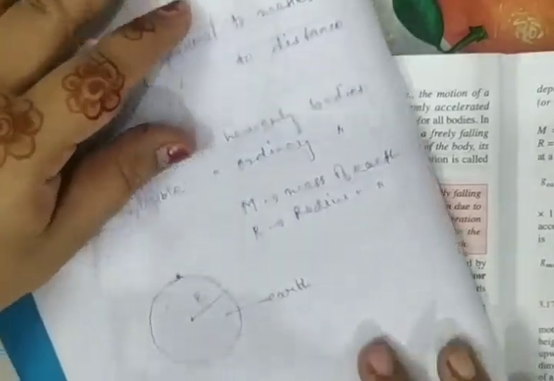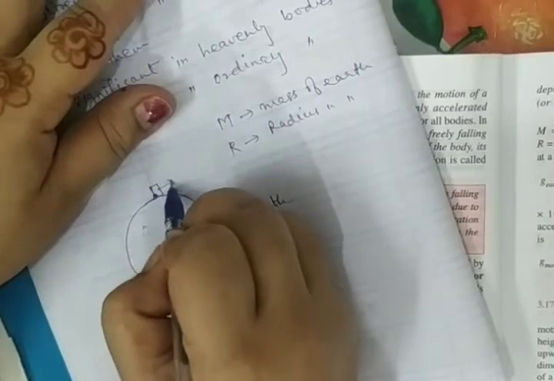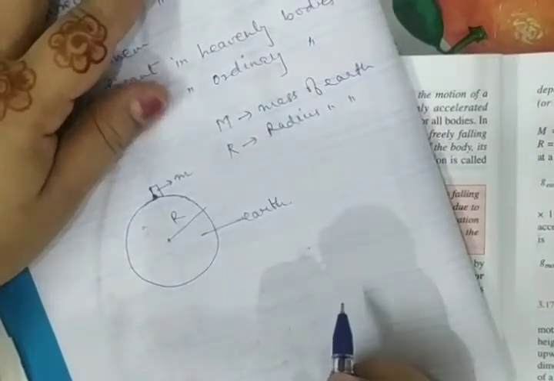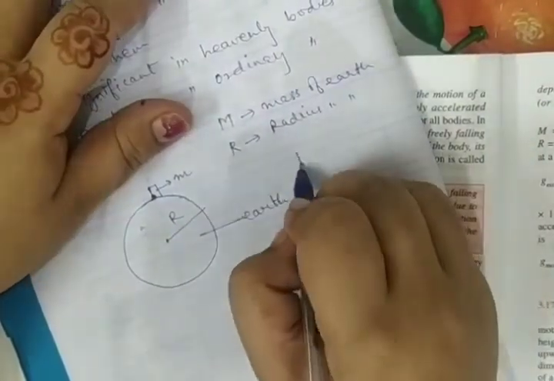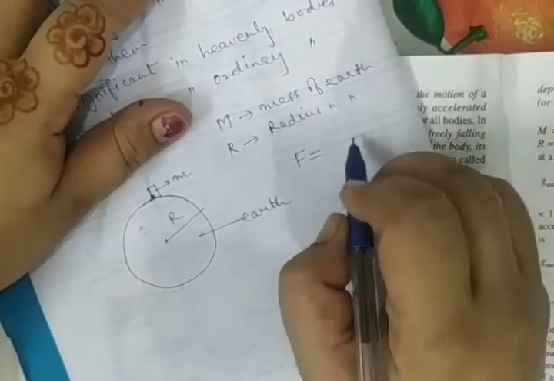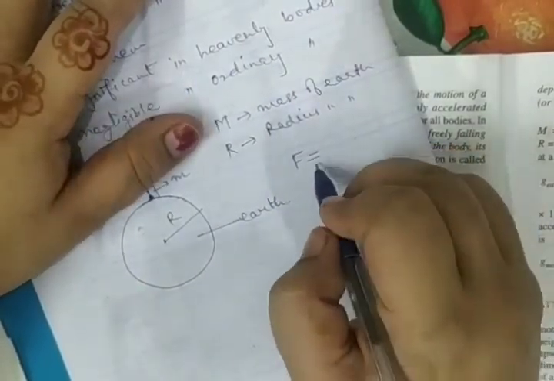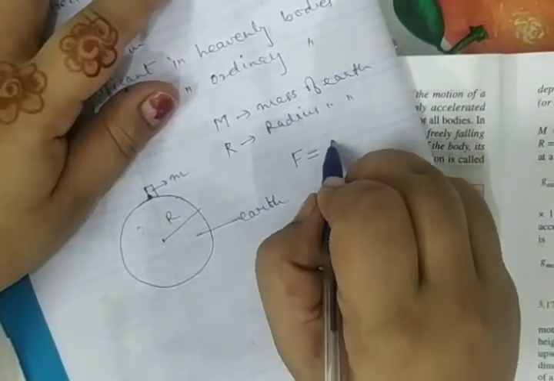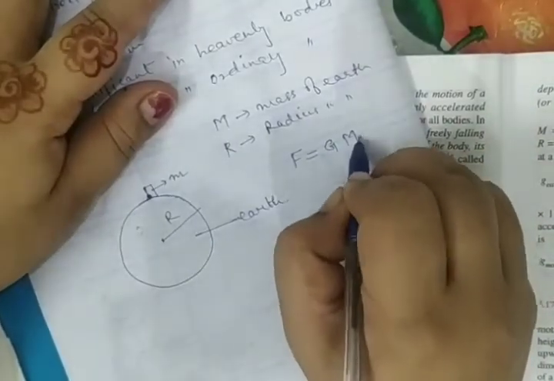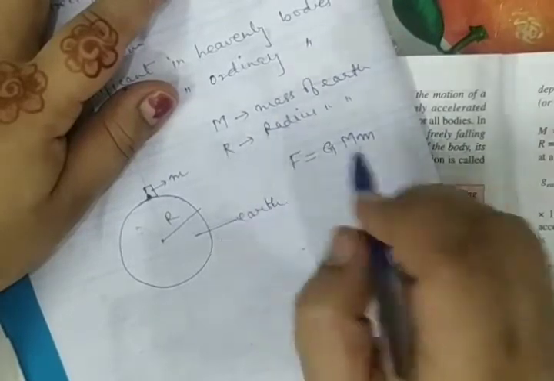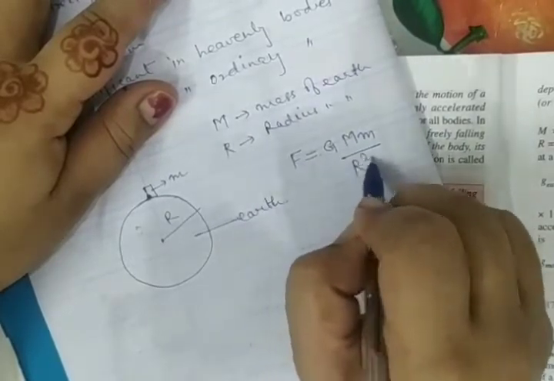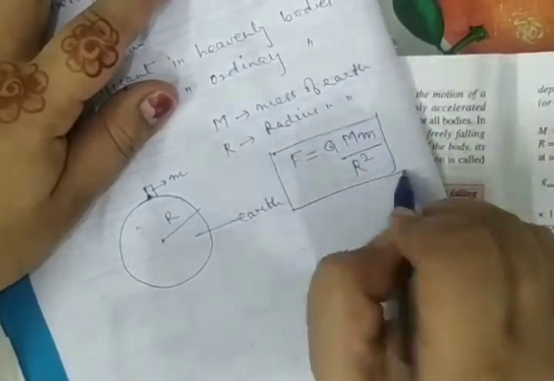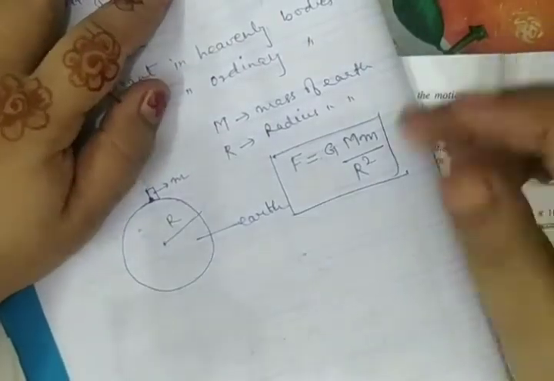Okay, then suppose there is an object of mass small m kept on the Earth, then the force of gravitation between the Earth and the object will be F is equal to G m1 m2, so capital M multiplied by small m upon r square. This will be the force between the Earth and the object.